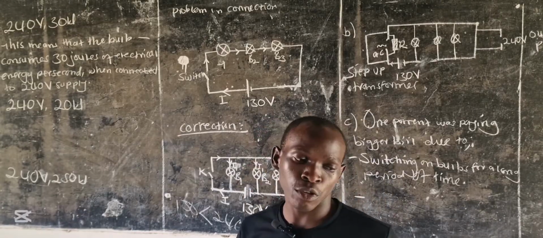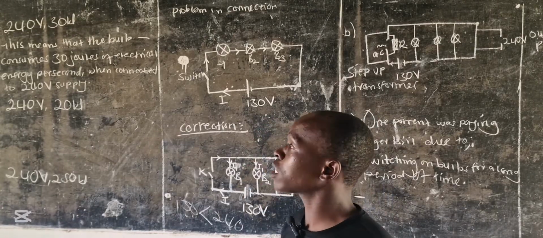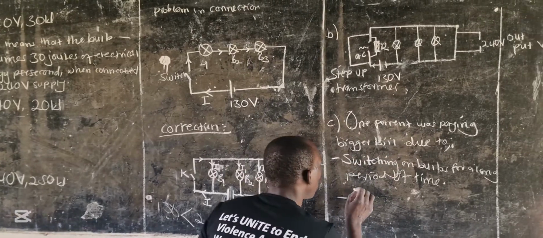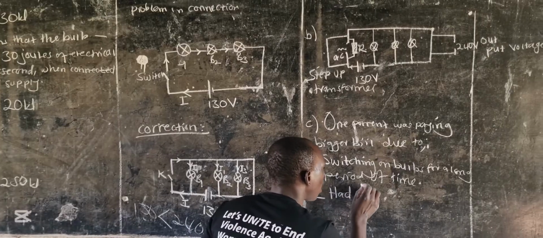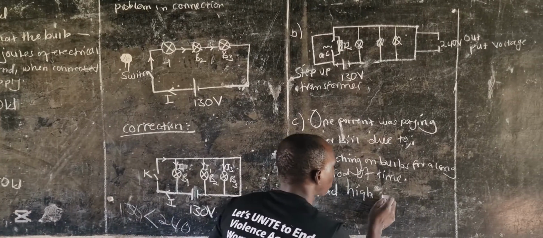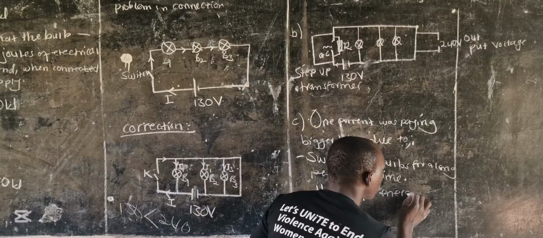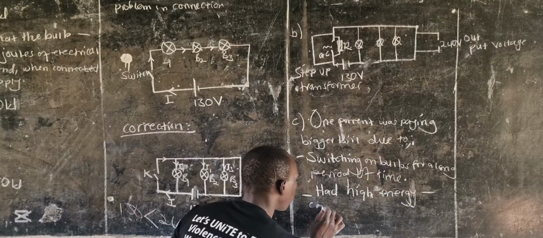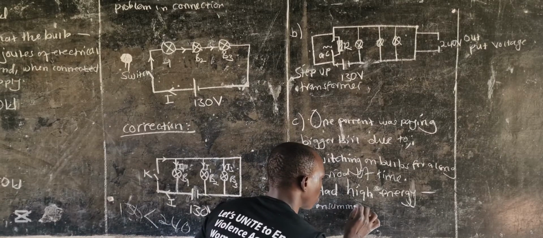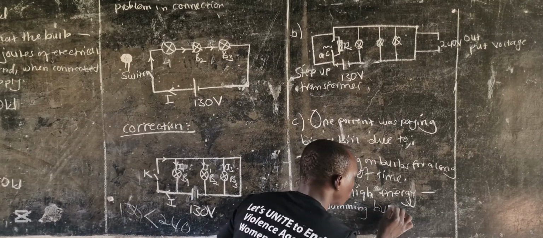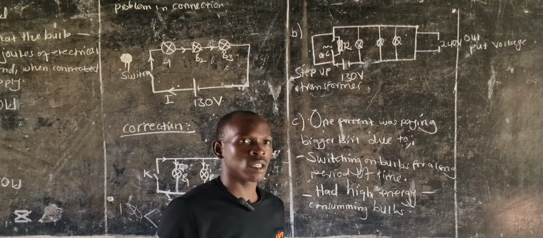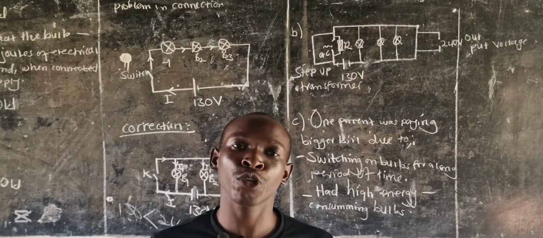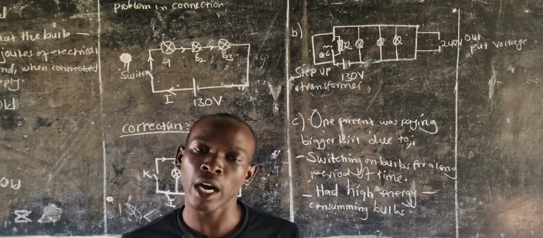So another reason why one parent was paying more is because the parents had high energy consuming bulbs. So these parents had bulbs that were consuming electrical energy highly.